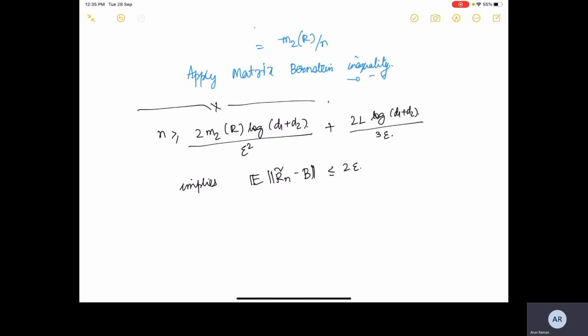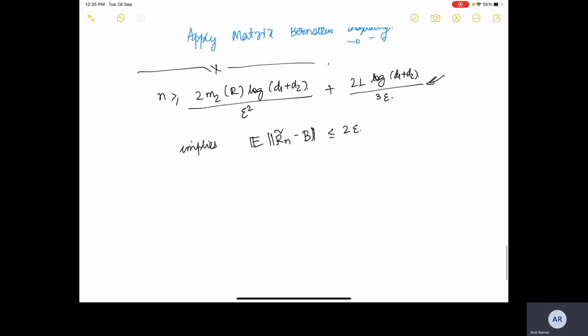Okay, so if we have a specification of epsilon, that we are interested in this much error, then we can plug in the value of epsilon in this expression and find out how many samples we need. So the flow or the idea is the same as in the Johnson-Lindenstrauss lemma. Okay, so there are some parallels between random projections and random sampling in how we are doing it.